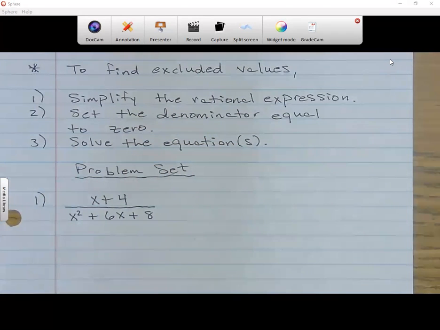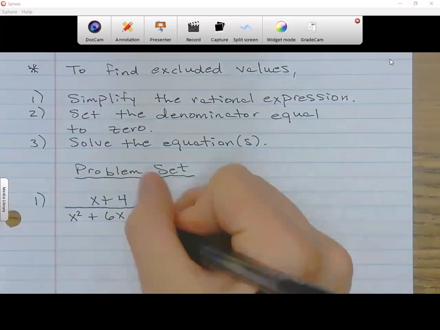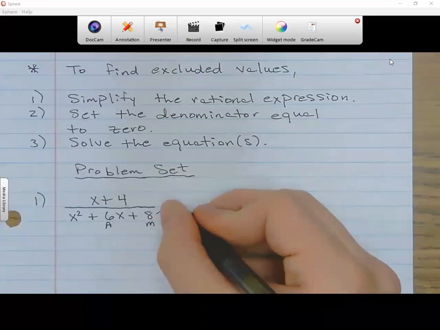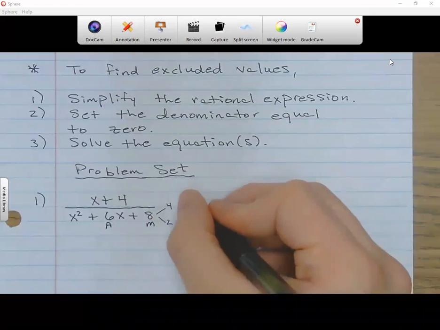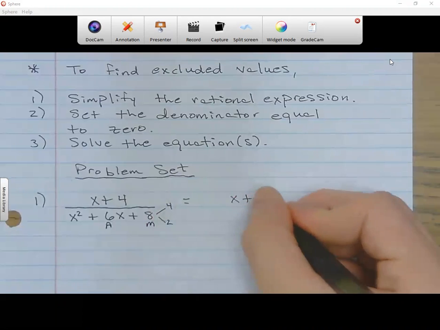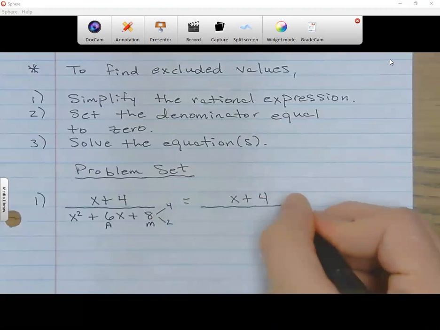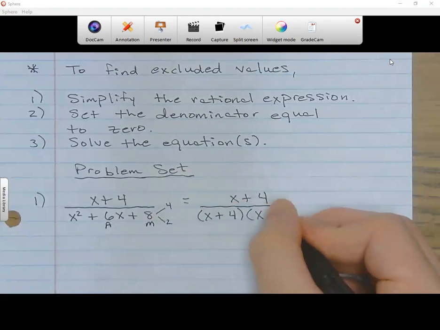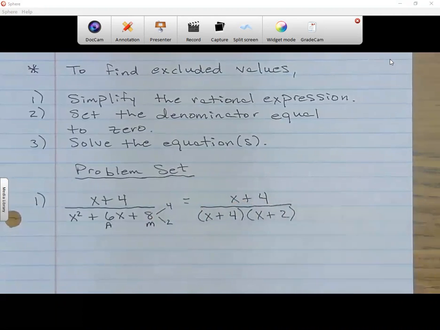For this one, we cannot factor the top. The top is already fully factored, but we can factor the bottom. So can we multiply to 8 and add up to 6? Yes, we're going to need 4 times 2. So we can break this up into x plus 4 and x plus 2, so that the two numbers will multiply to 8, but at the same time they'll add up to 6.